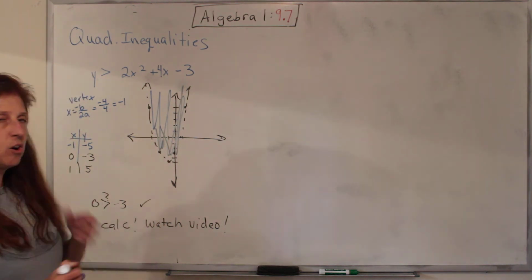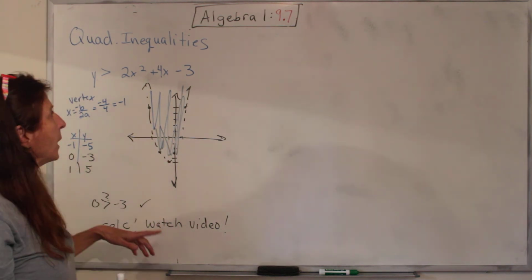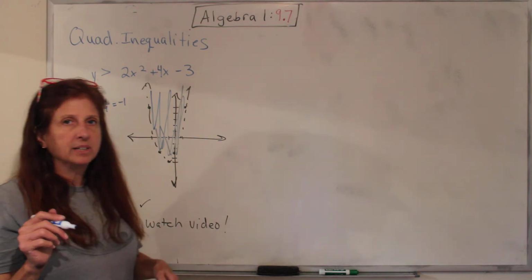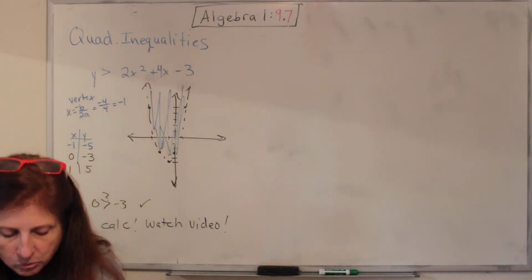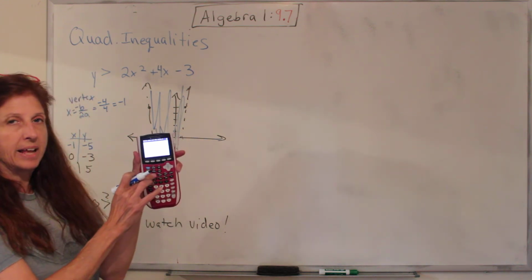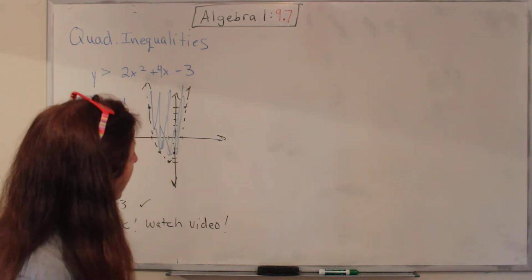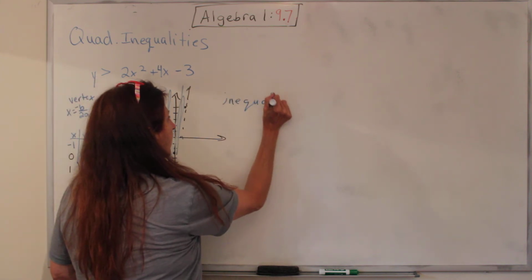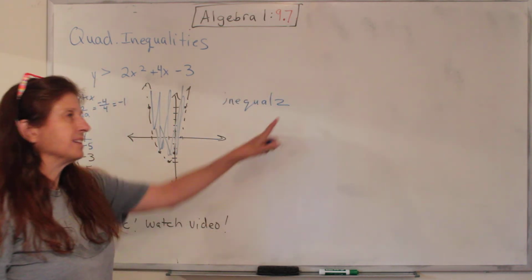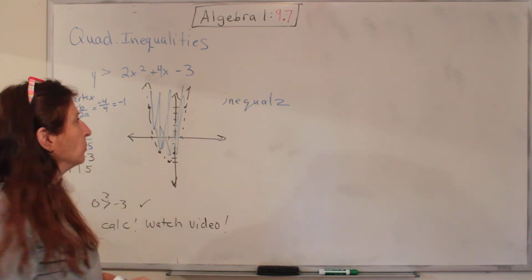Okay, now, how are we really going to do it on the calculator? We're going to use a program, an app. It's under the button that says app, which is pink right there on my calculator. It's called Inequalz, because we're cool.